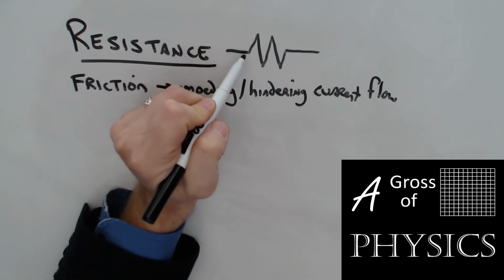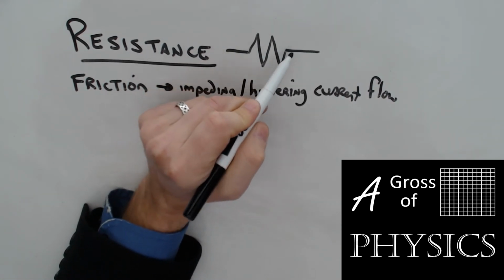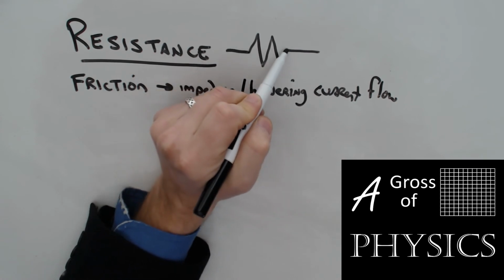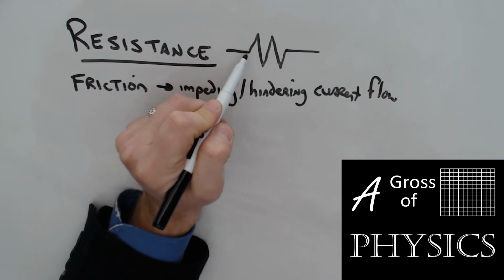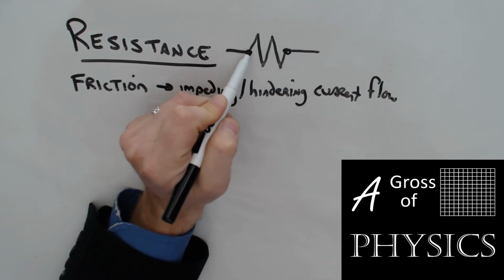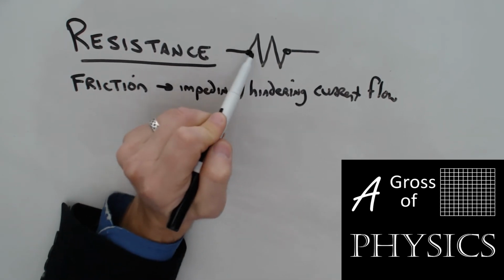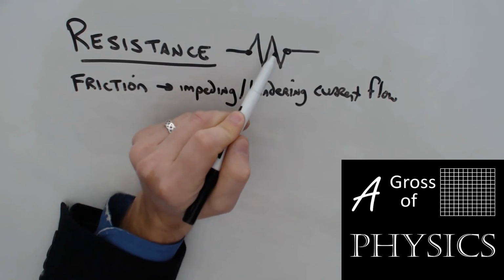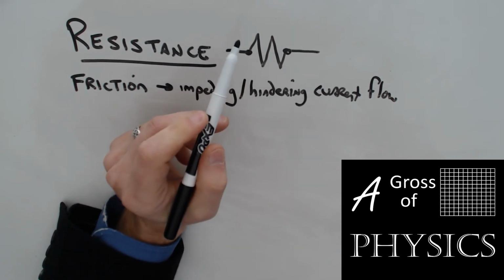And that represents the fact that it's difficult for the electrons to flow from this point to the next point. In fact, it has to go through this circuitous route in order to get here. So that is hindering the flow of electrons. And as they're drifting, they're going to bump into a whole lot of things during that process.